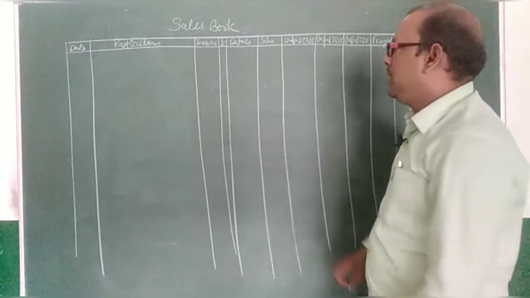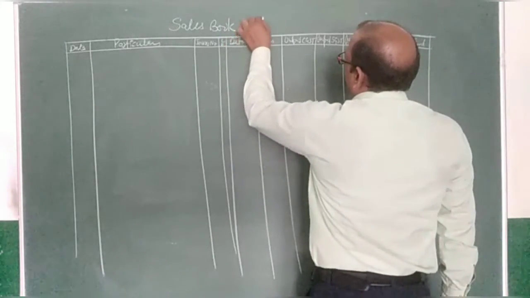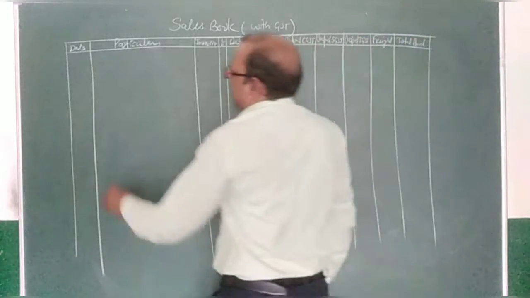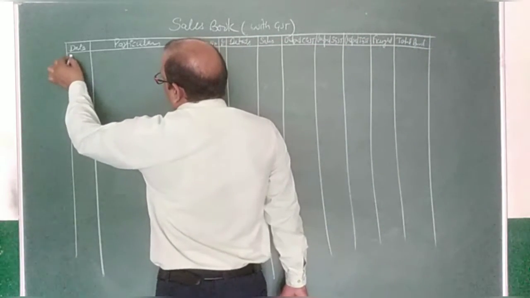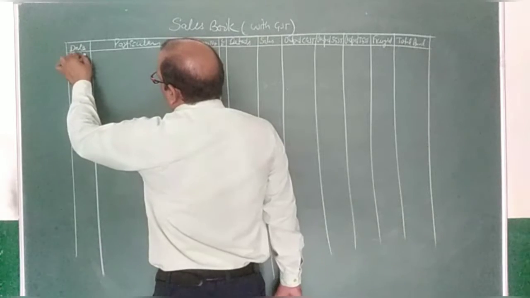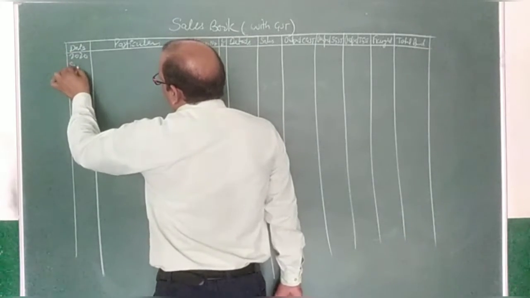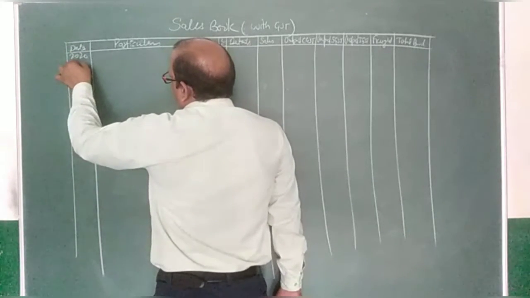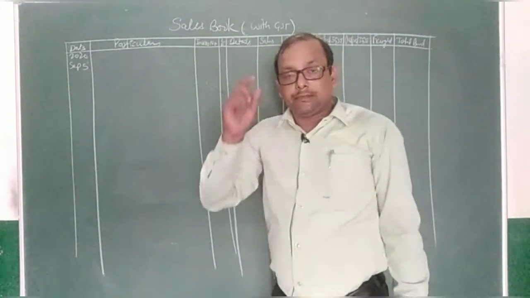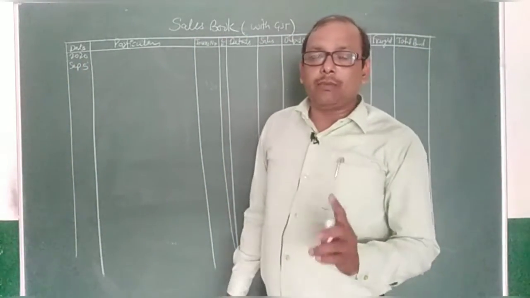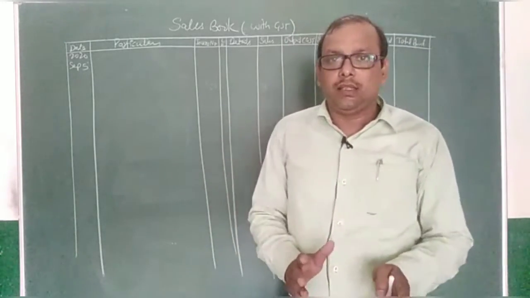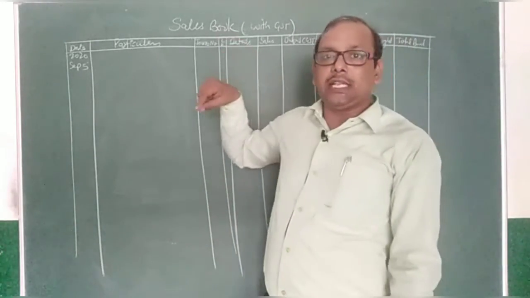So I am going to tell you the sales book with GST. Let's see, it's the month of October, year 2020, let it be September only. On September 5, you have sold goods. Remember, firstly I am going to tell you about the supply. You are the dealer, the seller, and you are going to prepare your sales book.